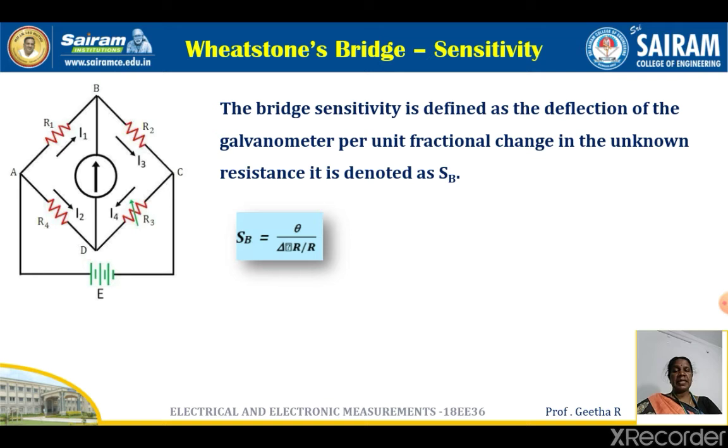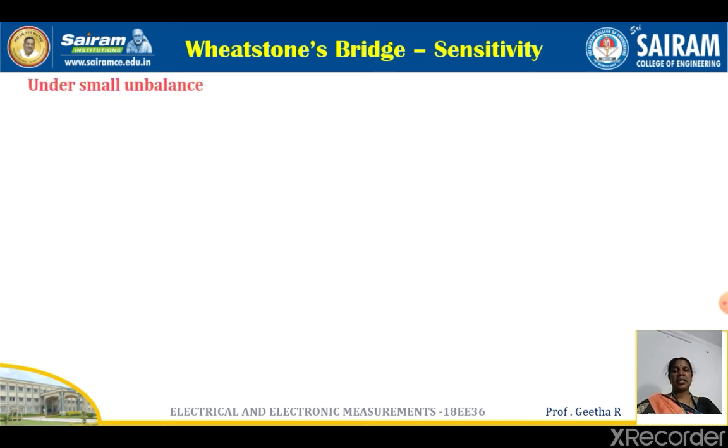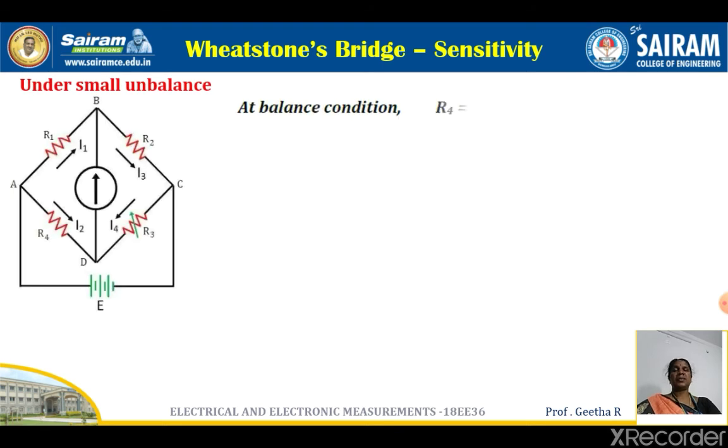So SB can be written as the amount of deflection, theta, over the unit fractional change, delta R by R, where delta R by R is the unit fractional change in the unknown resistance. It is nothing but the bridge sensitivity.